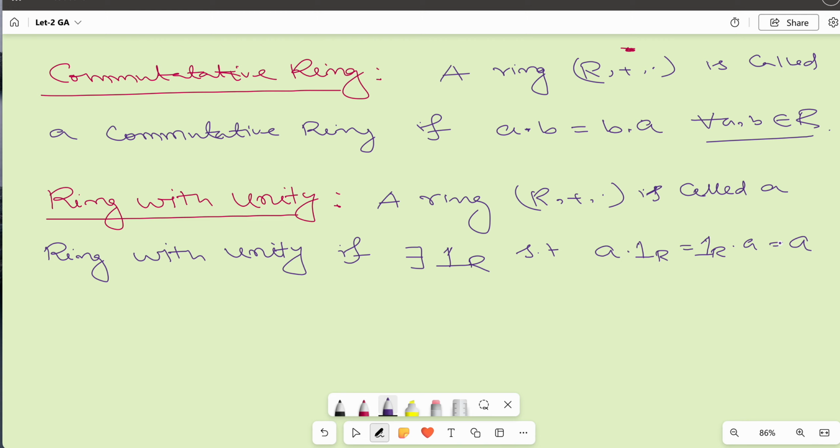That means it is called a multiplicative identity. That's it. If there is a multiplicative identity, then this is called a ring with unity. It is denoted by 1_R such that a dot 1_R equals 1_R dot a equals a, for every a inside R. Then we call this R a ring with unity.